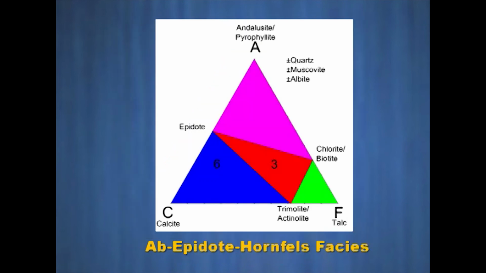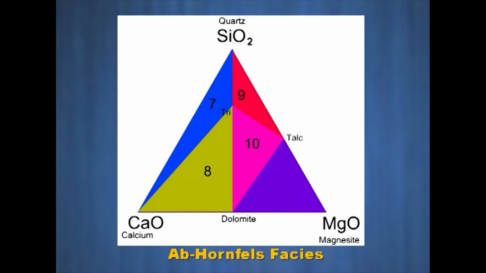On the basis of ACF and CaO, MgO and SiO2 diagrams, now we can observe the other important calcareous assemblages, that is, first is calcite, tremolite plus or minus quartz.